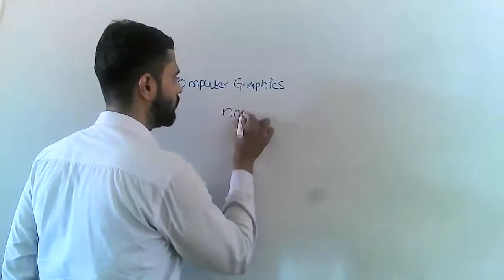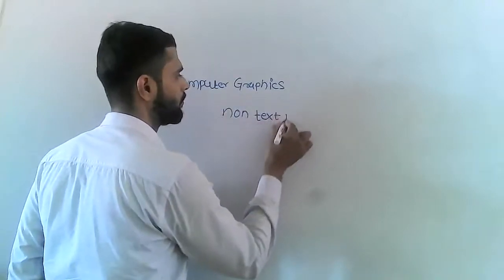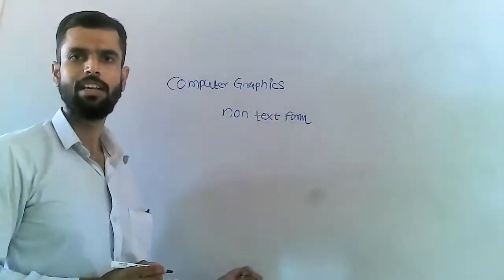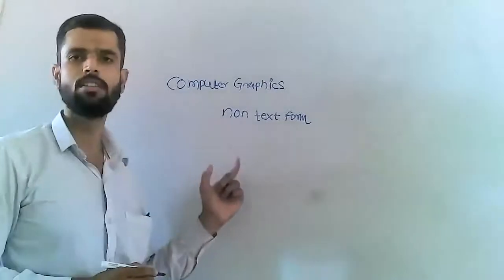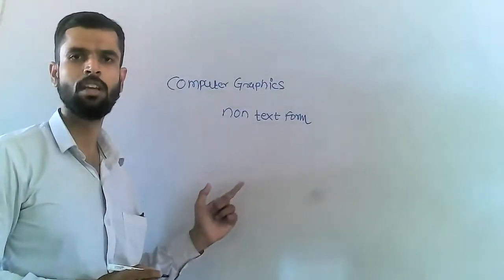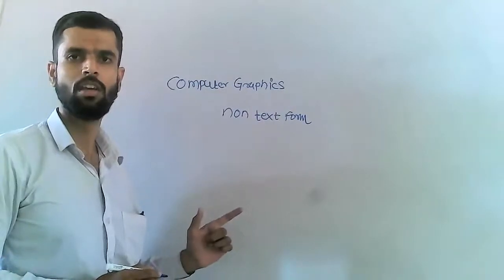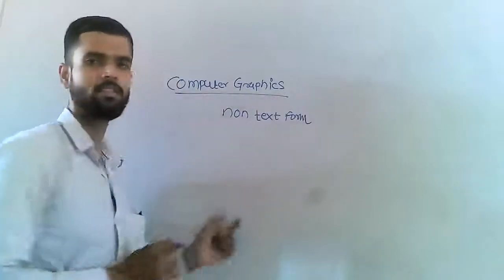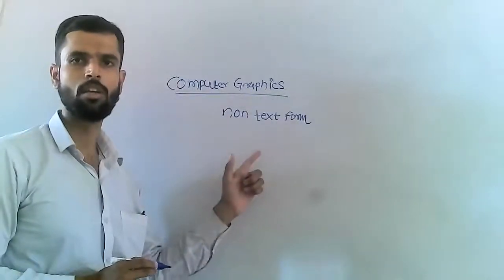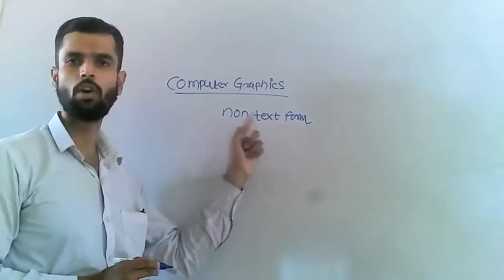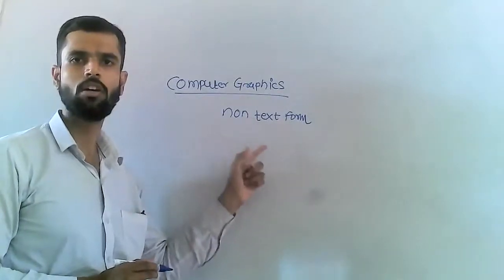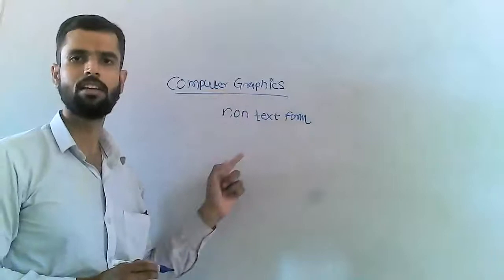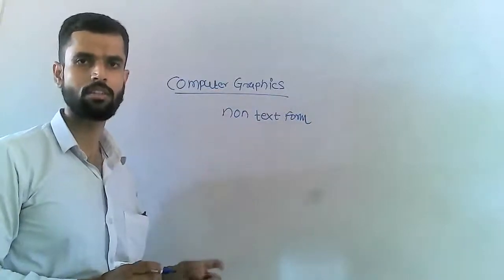In other words, anything present on the computer screen in pictorial form is called computer graphics. That is non-text form. What is the meaning of non-text? Excluding the text. So this is the basic definition of computer graphics.